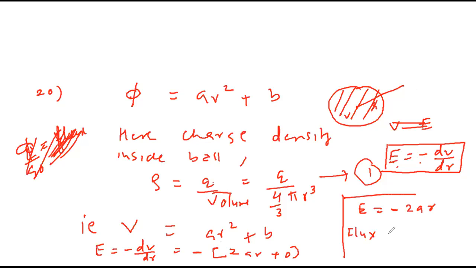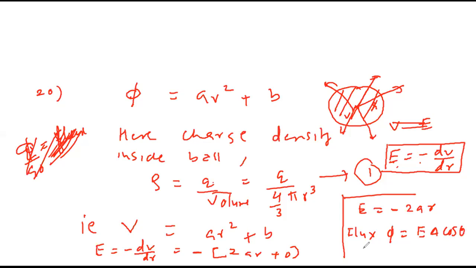Now flux phi is EA cos theta. Charge is inside, so the intensity from the sphere will be radially outward, right? Yes, sir. If charge is inside, then this will be radially outward.